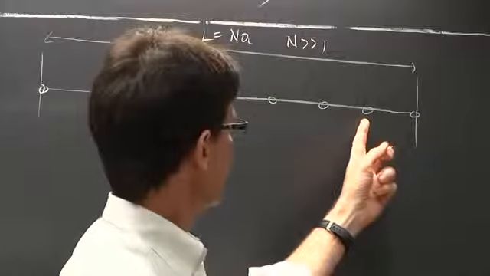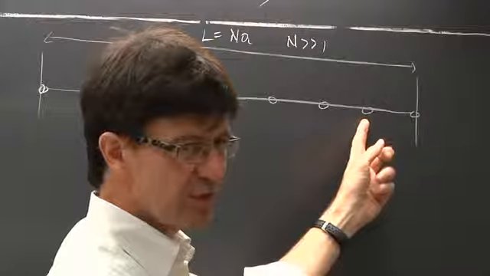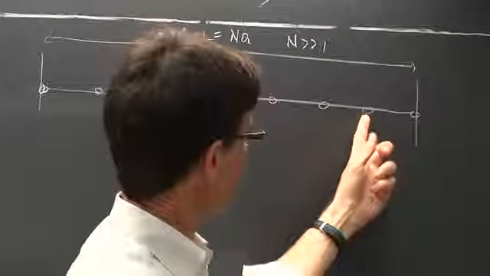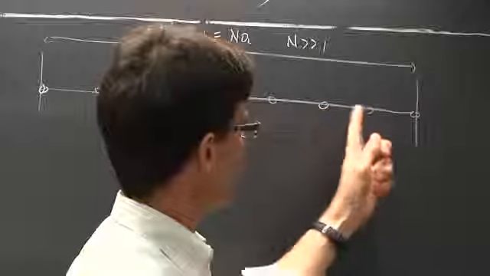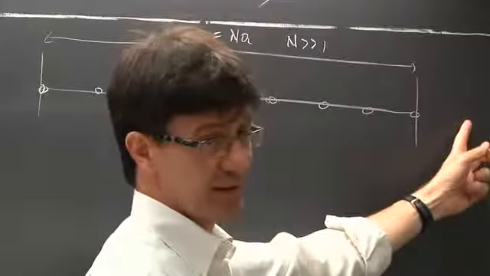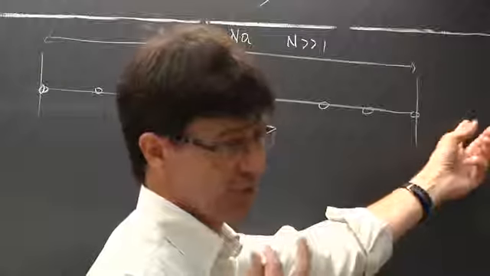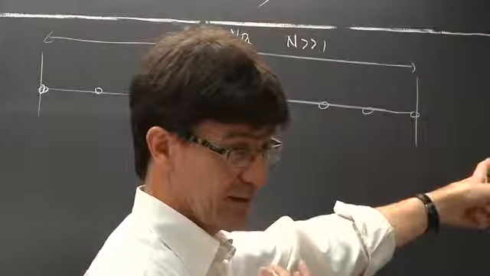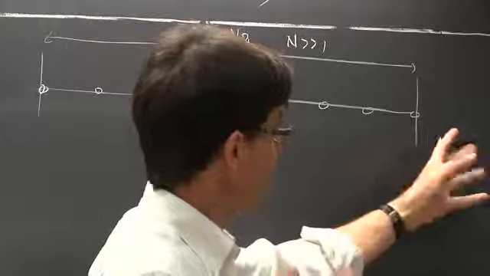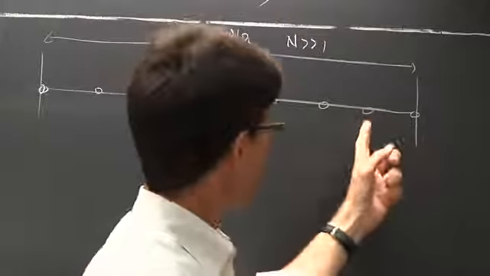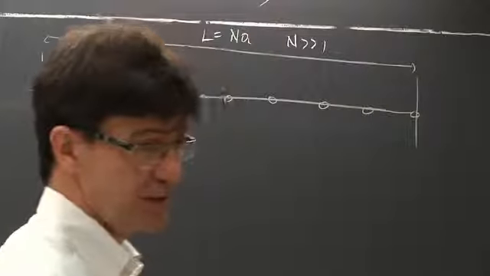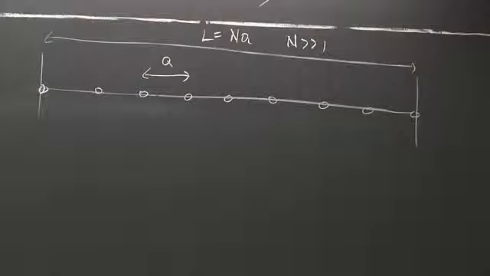Actually, even this one, in our approximations, is fine, because in our approximations this atom interacts only with this one and with this one. So it doesn't recognize the fact that there is another atom here, because we have made the approximation that we are neglecting second nearest neighbors. But in principle, this is just an approximation. So even this one might feel in principle the effect of a second nearest neighbor on the other side, right?